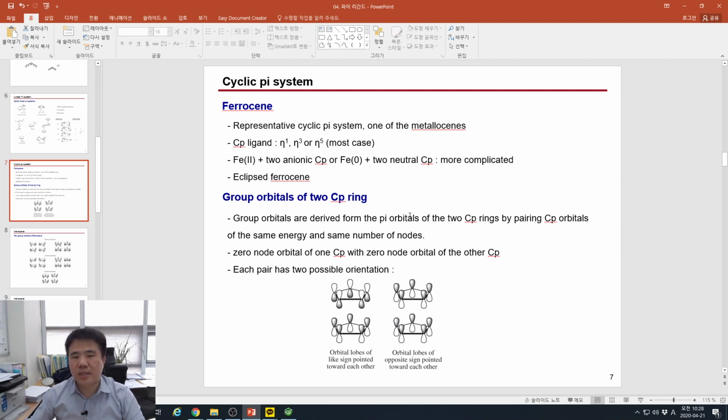Okay, cyclic pi systems. We know that the representative example of a cyclic pi system is ferrocene. Ferrocene has Cp.